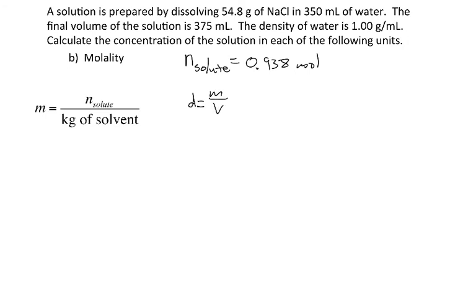So if I solve for mass, I know that mass is density times the volume. So my density, 1 gram per milliliter, times 350 milliliters. So that's very easy, just multiply by 1. So I have 350 grams of solvent.